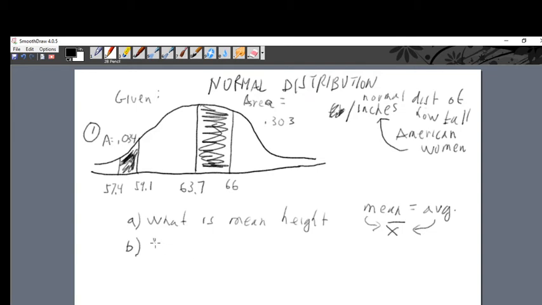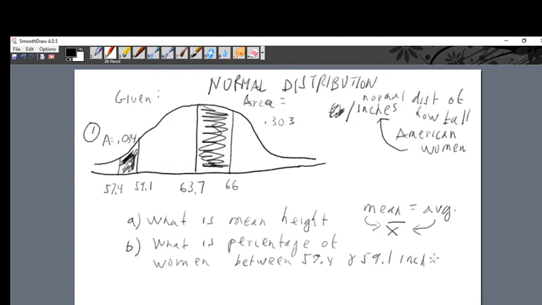Okay, here's question number 2. What is the percentage of women between 57.4 and 59.1 inches? That's question number 2. This was question number 1, the A, B, and then a third, and that's it.